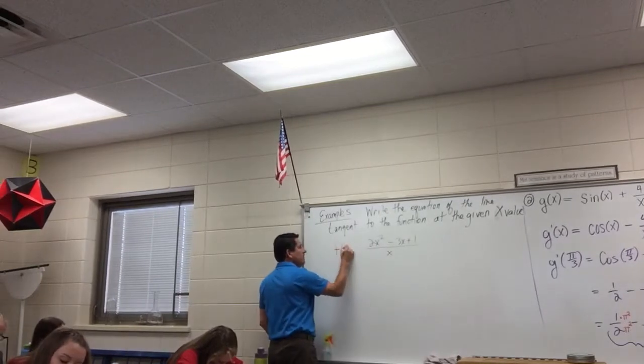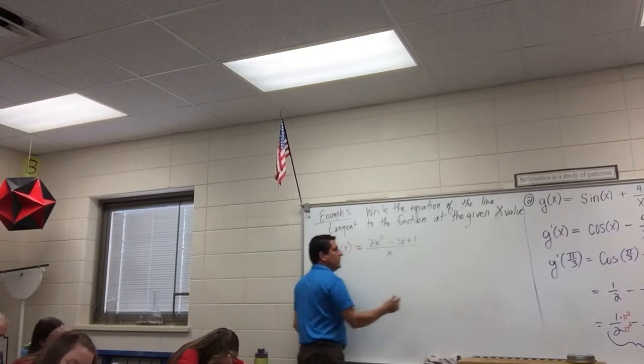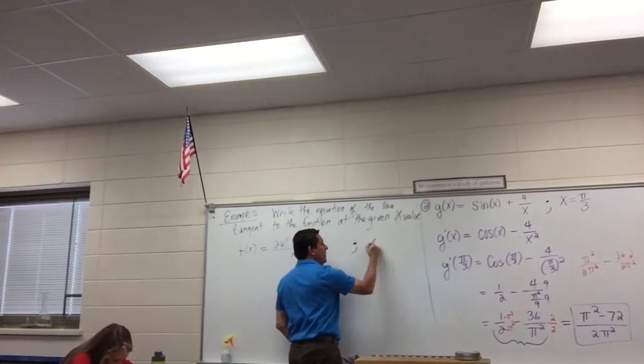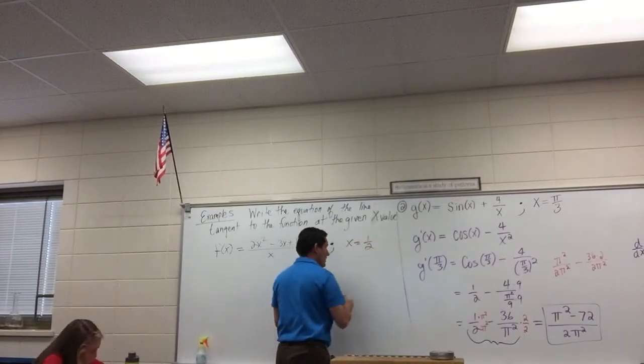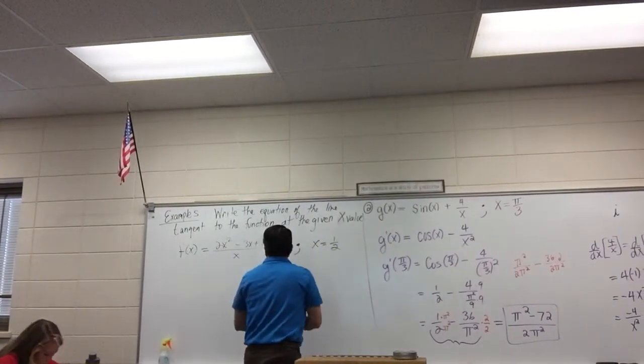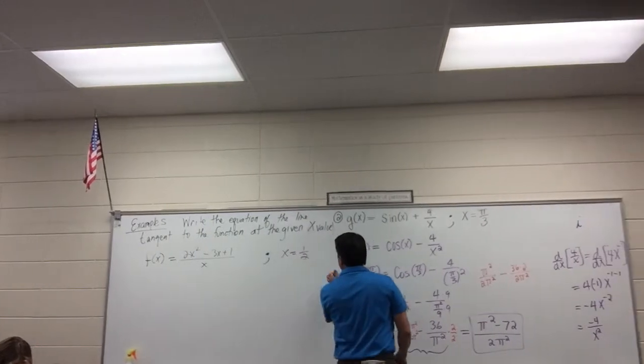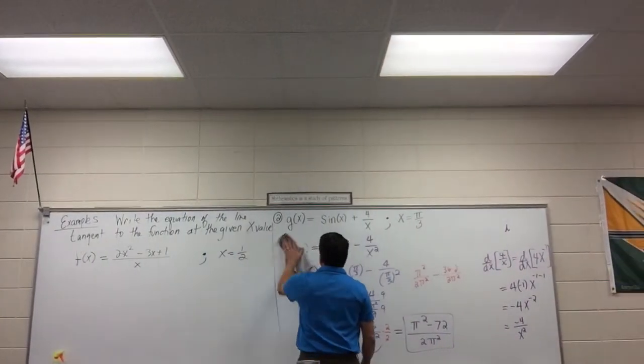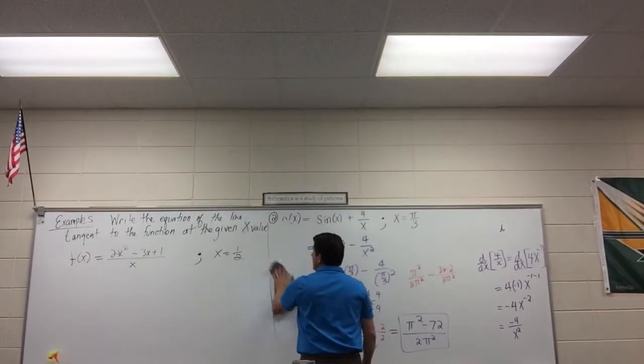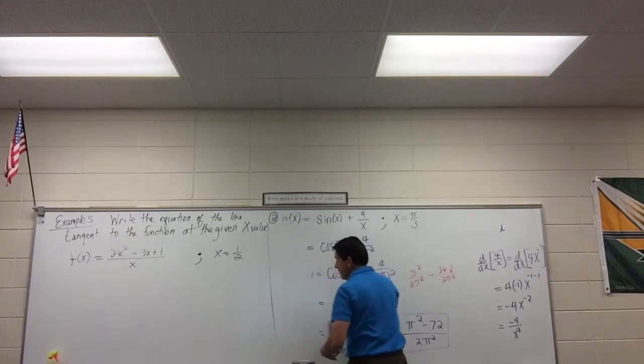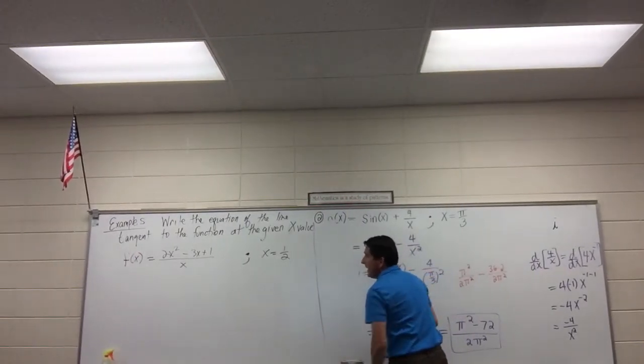This is my function. And we're going to find it when x equals a half. So this time we're writing the equation of the line tangent to the curve, to the function, when x equals a half.